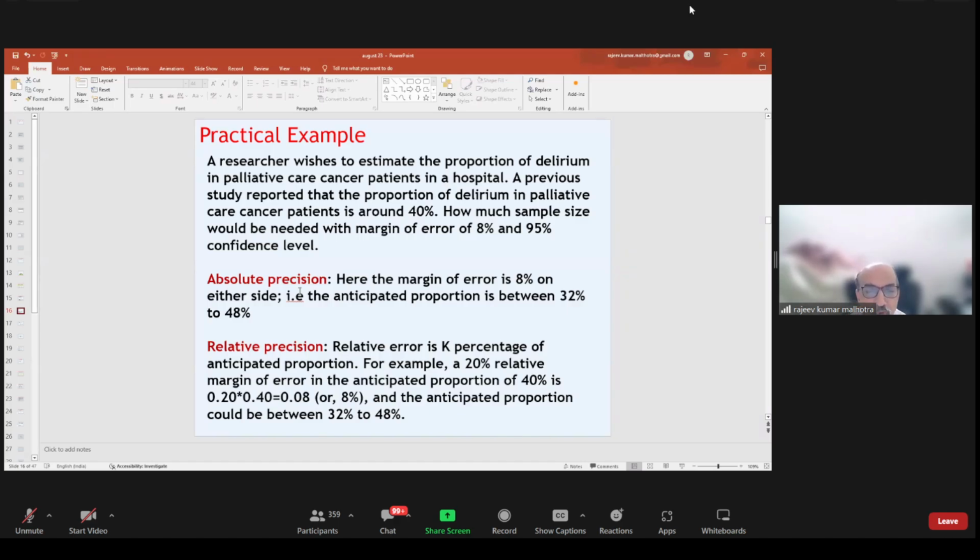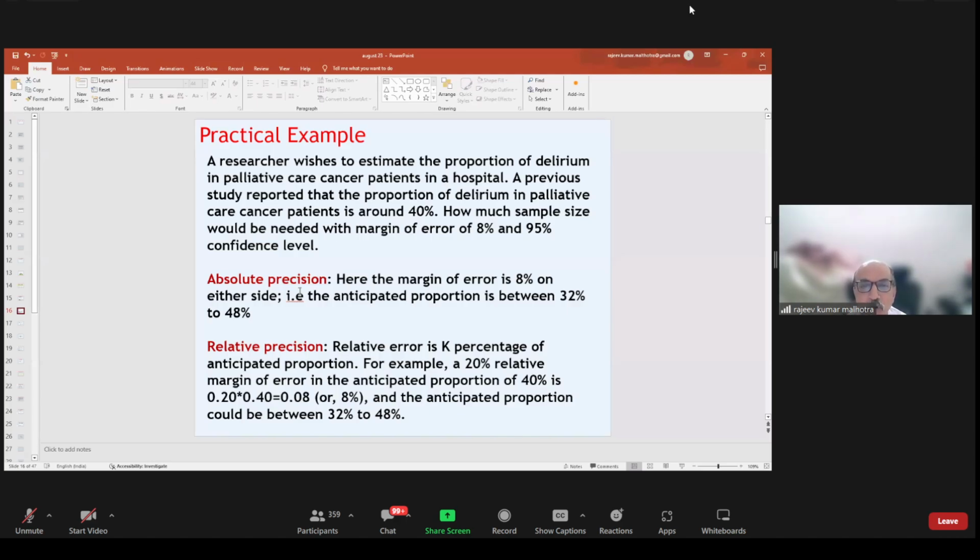In that case, you calculate 0.20 multiplied by 0.40, that is 0.08. So the same anticipated proportion could be between 32 to 48. If you take 30% relative precision, the precision level is 12%, or if you take 10%, then it is 4%.